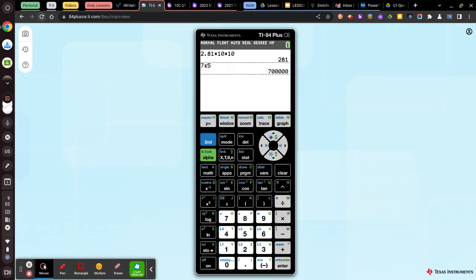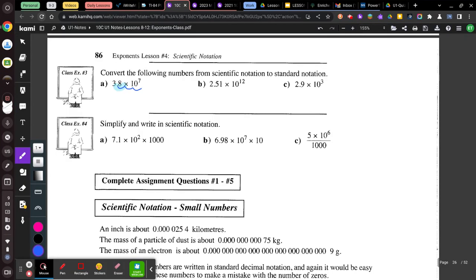So I'm going to type in 3.8, second, comma, that gives you your E. So it's times 10 to the 7, and then I hit enter, and it's going to solve it for me. So that's going to give me 6 zeros at the end. So I'm going to get an answer of 3, 8, and 6 zeros. So that's 38 million.